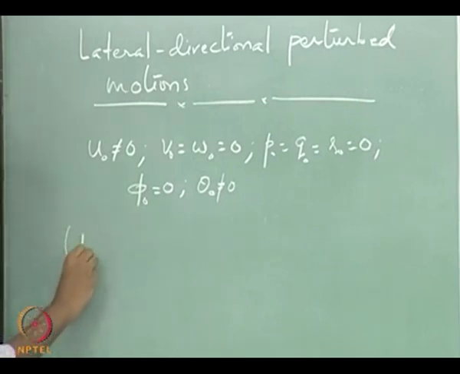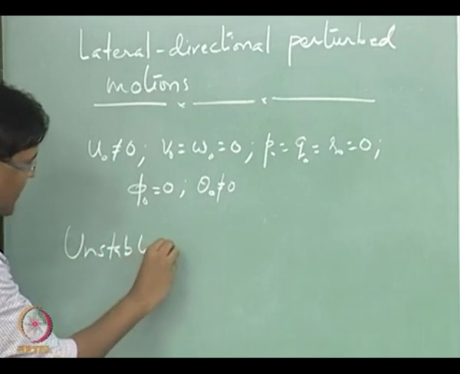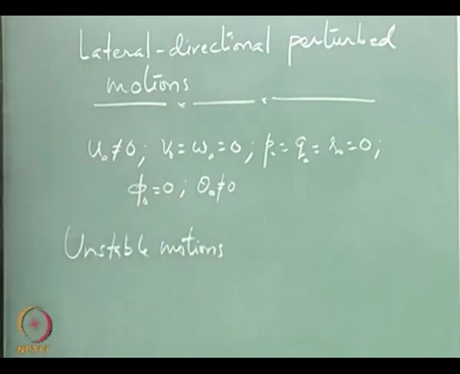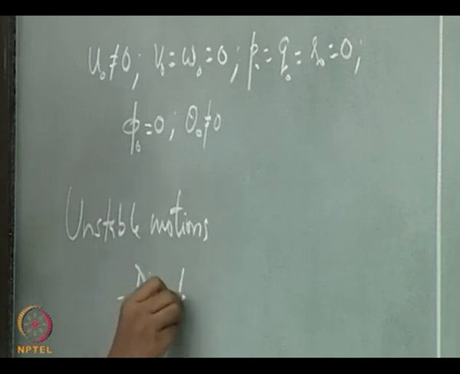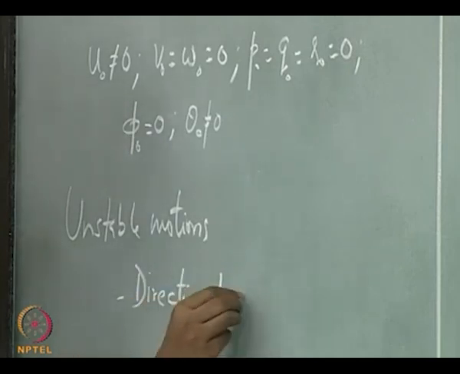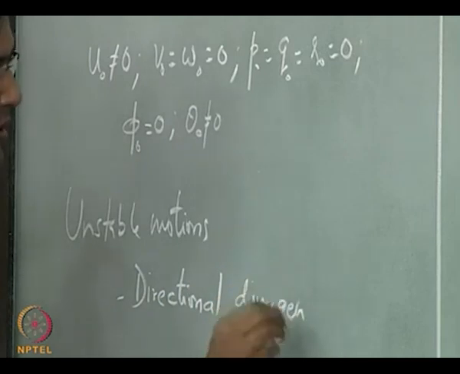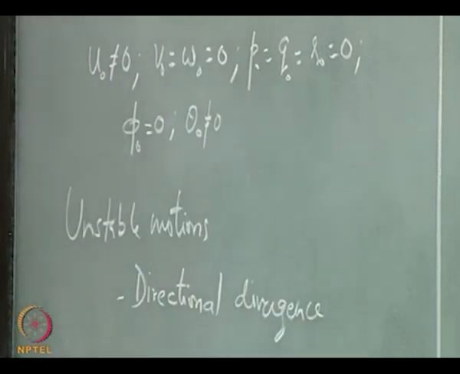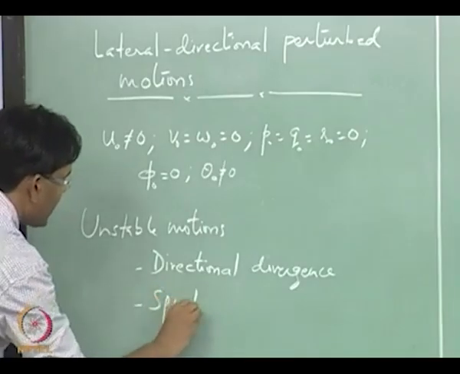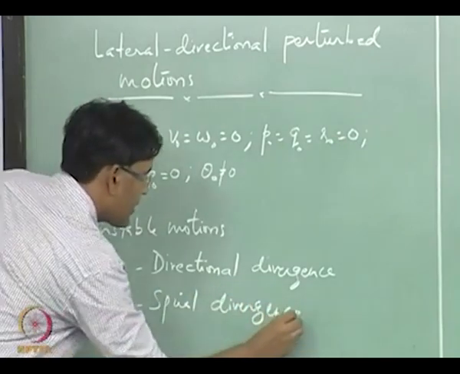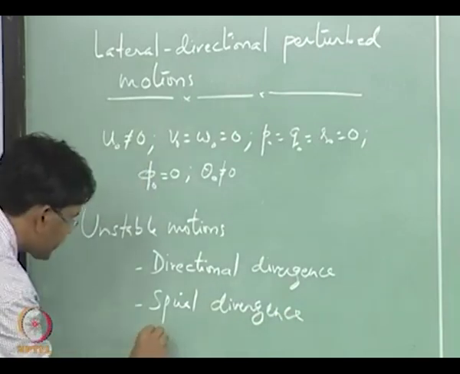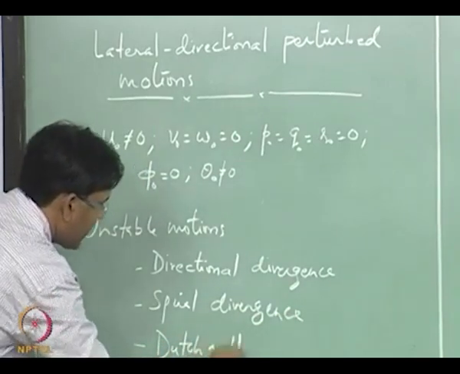talked about the unstable motions that are possible, and they were directional divergent motion, spiral divergence, and Dutch roll.